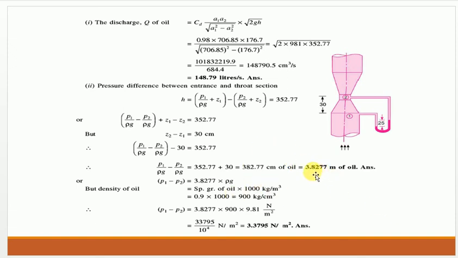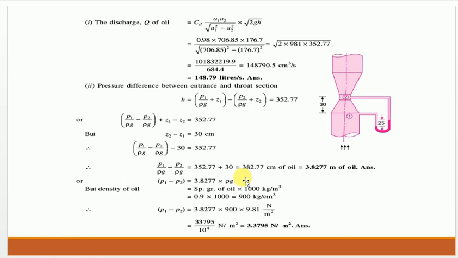Convert this into meters. So P1 minus P2 is equal to 3.82 into rho g, where rho is the density and g is the acceleration due to gravity. Here the specific gravity of oil is given as 0.9. To find the density of the oil, from the properties of fluids, specific gravity is equal to density of fluid by density of standard fluid.